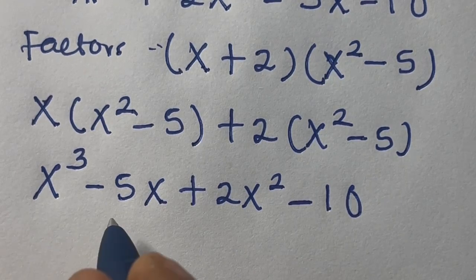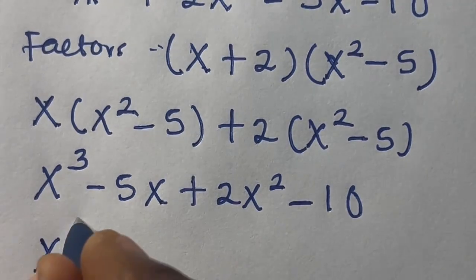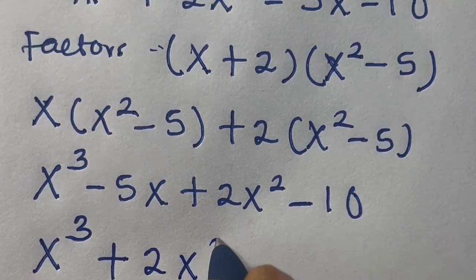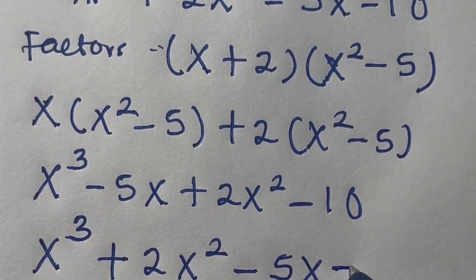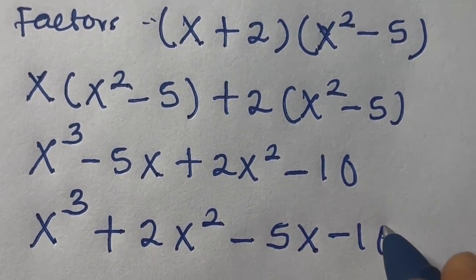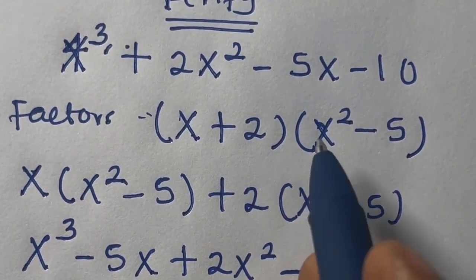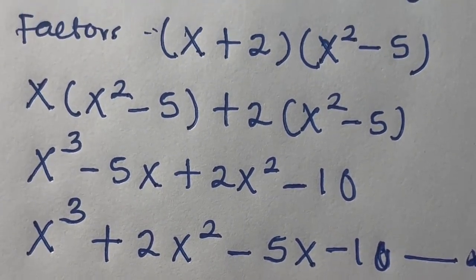Rather, we can arrange by the order of decreasing power. So we have x raised to the power 3 plus 2x squared minus 5x minus 10. Now see what we have here and see our initial given polynomial. You will observe that both of them are the same.